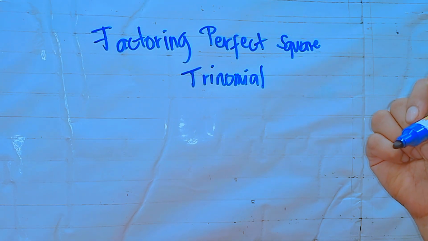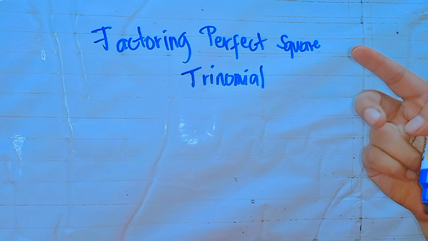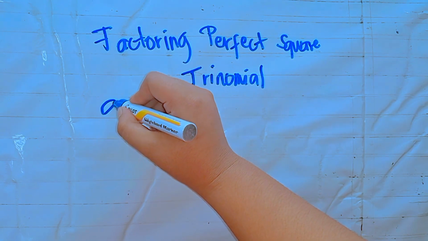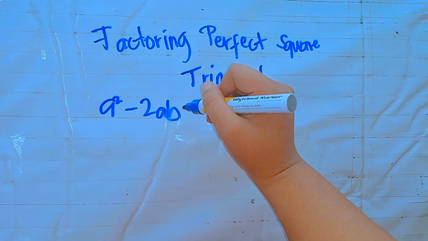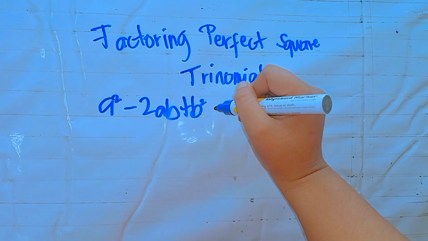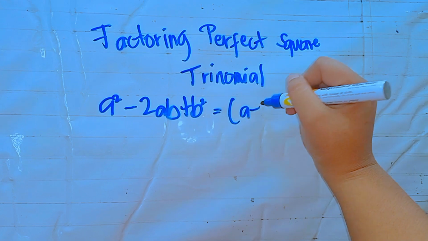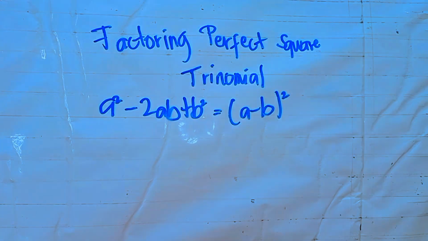A perfect square trinomial has two forms. The first one is a squared minus 2ab plus b squared is equal to (a minus b) squared.